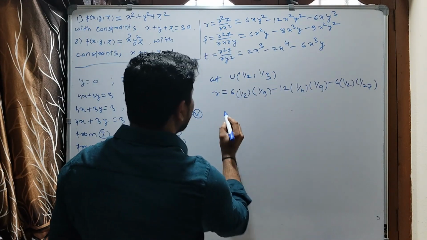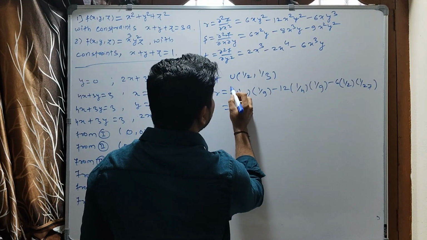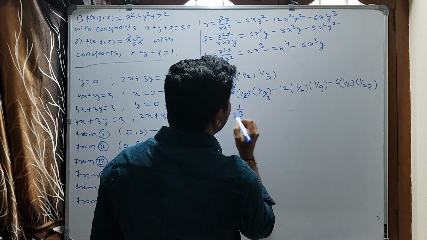So which is equal to, so this is 2 sixes are 3, 3 nines are 9. Therefore this is simply 1 by 3.